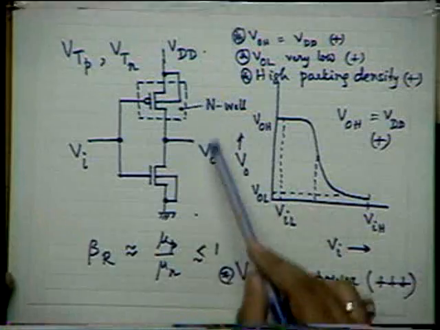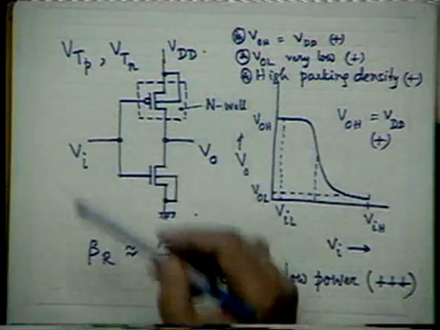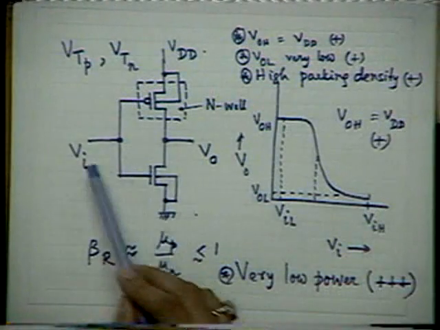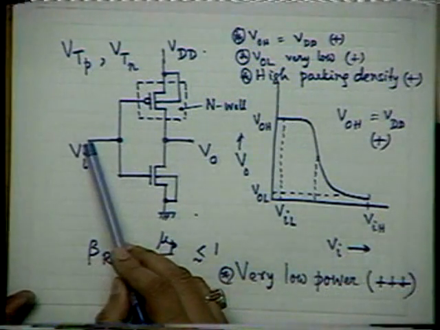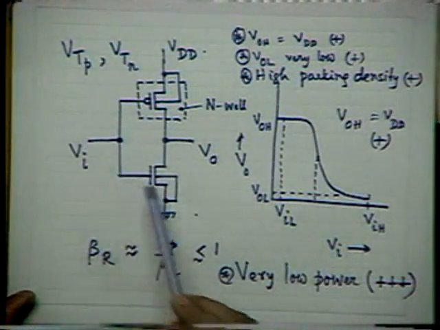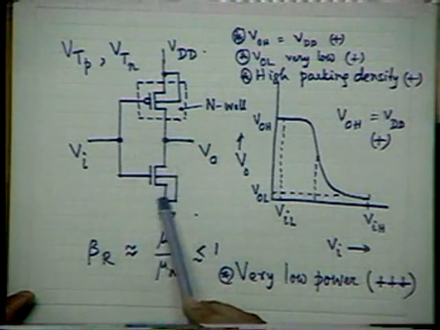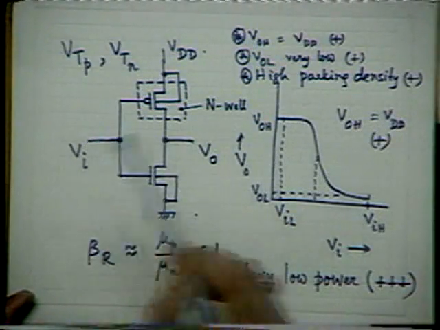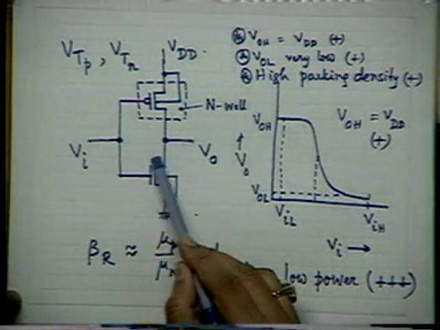If you just try to understand, you already studied the basic CMOS in the digital electronics course. You know that when Vi is 5 volt, and suppose the threshold voltage is 1 volt, 5 volt is 5 times more than the threshold voltage, so it is very heavily on.